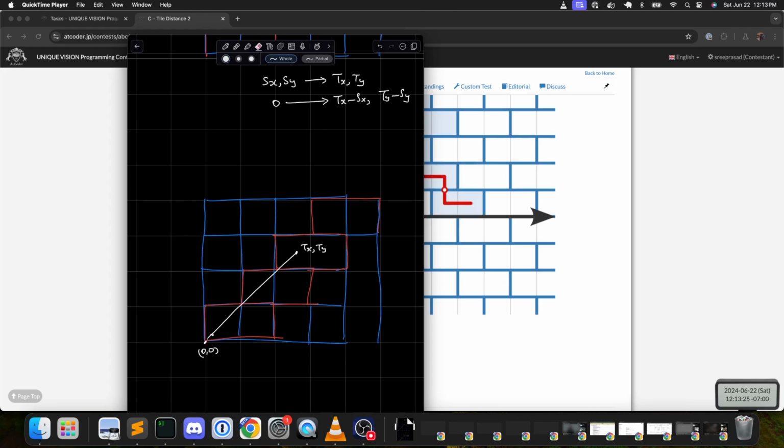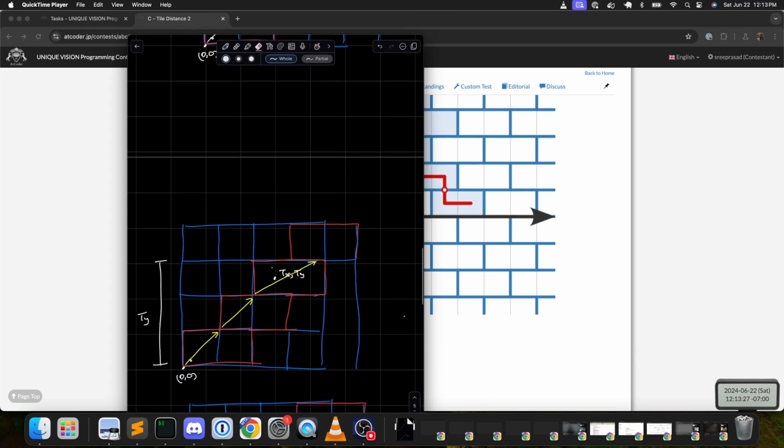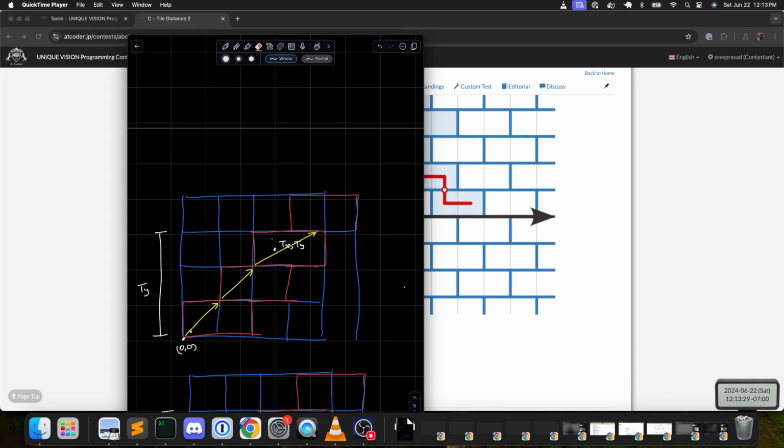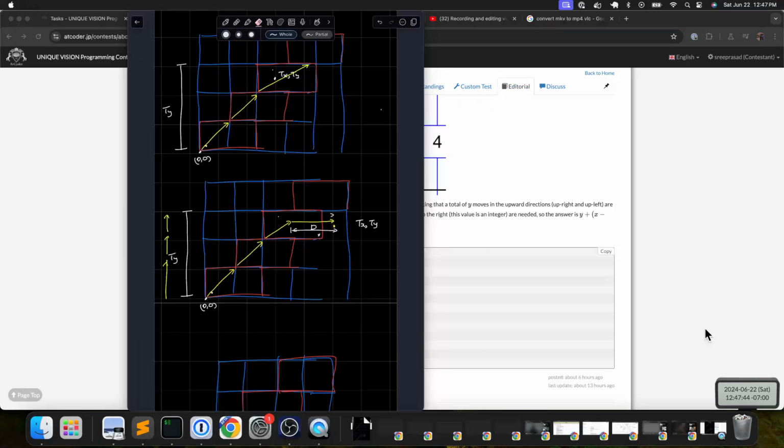After this, finally, if you are at position 0, 0 and you want to go to tx, ty, you can see that you have to go at least this ty distance to reach this destination. So from 0, 0, you have to go at least ty distance up.